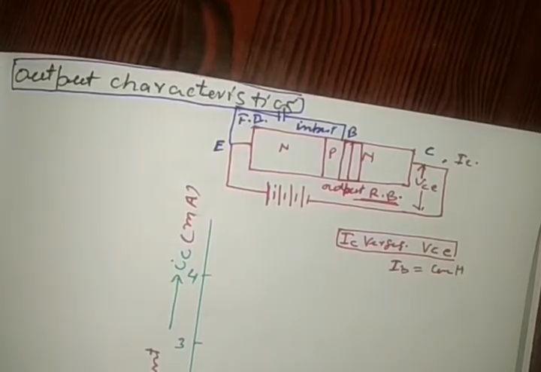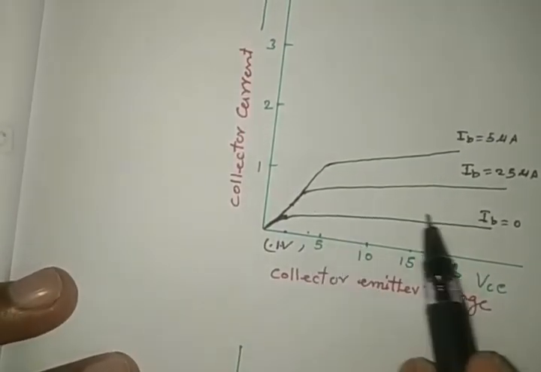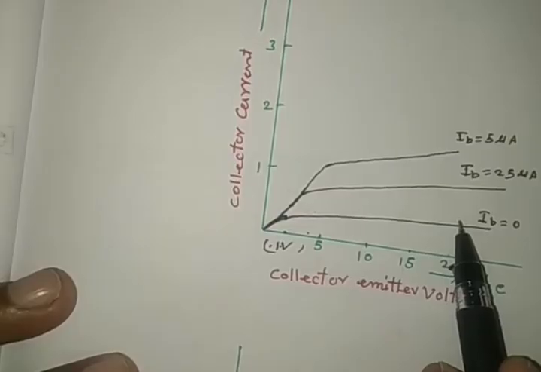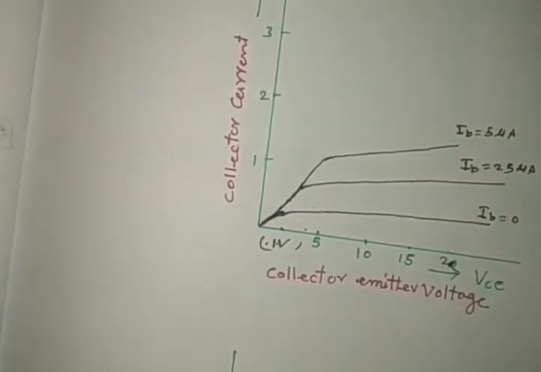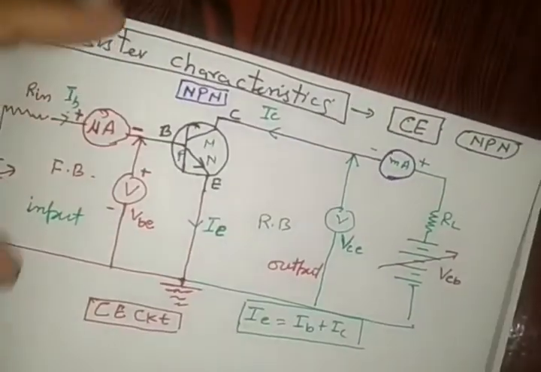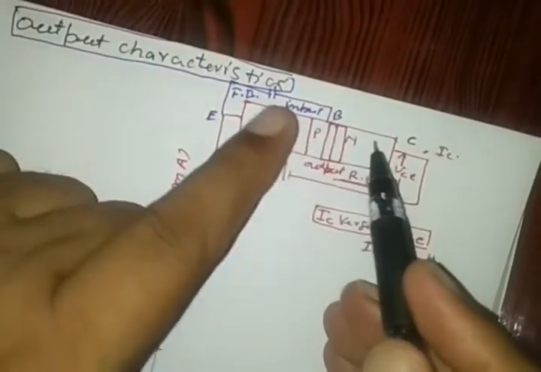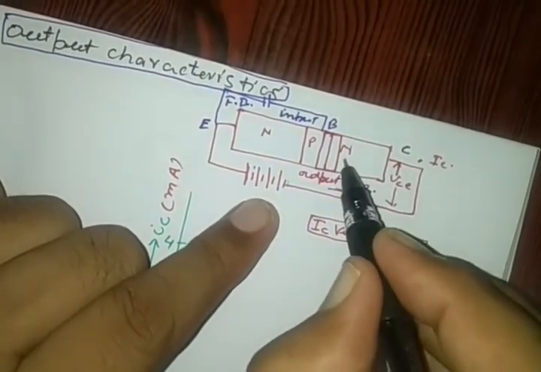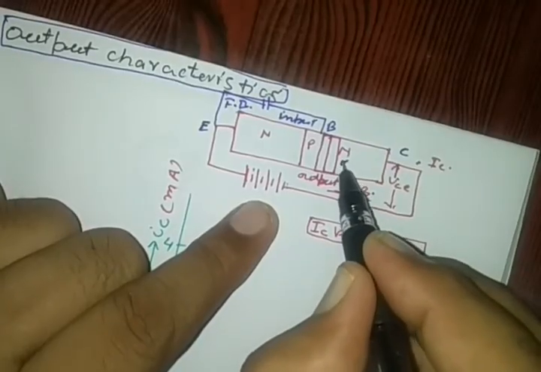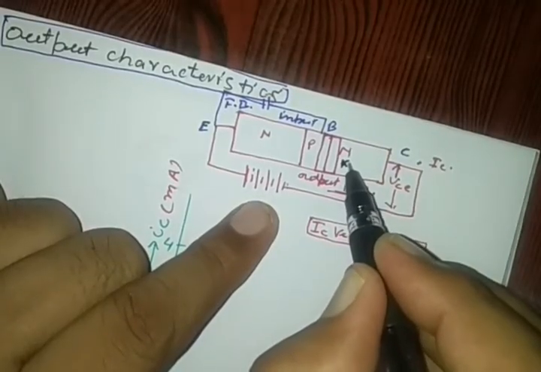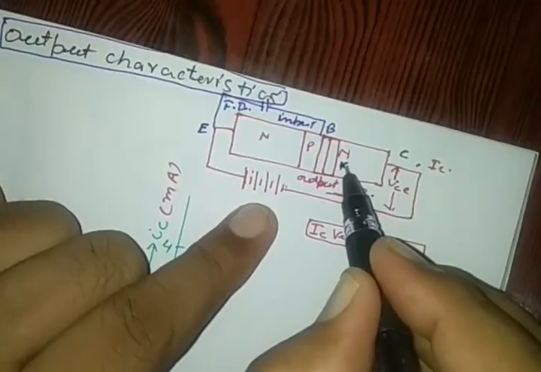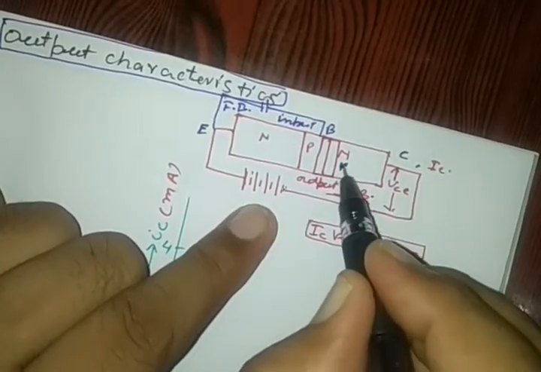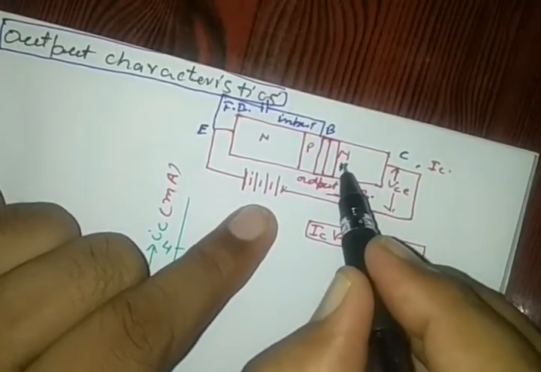After all the minority charge carriers have passed, the current becomes constant. The majority charge carrier in the N region is the electron, which is negative, so there is repulsion.